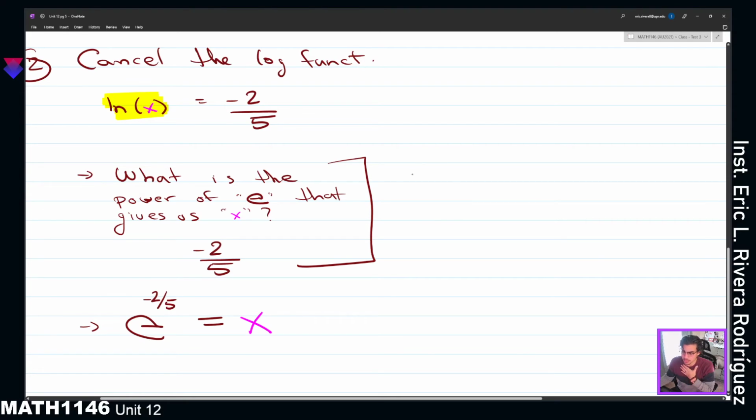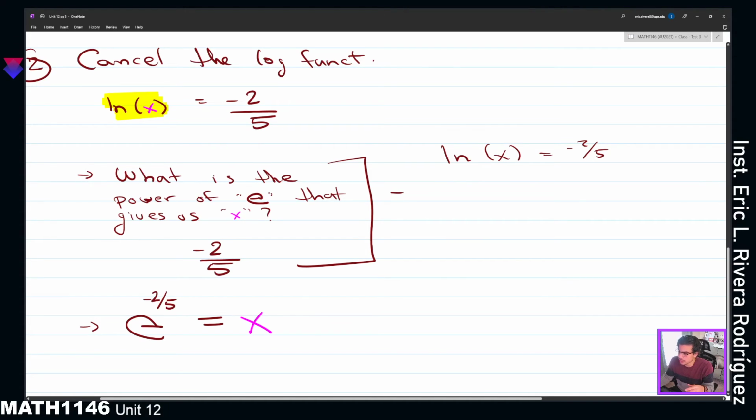So if I am working on a test, I'm not going to write this question. This question is going to be on your mind, and you're going to use it to reach the goal. But you can do the following. Similarly, as we can put a logarithmic function on both sides of the equation, we can put an exponential operation on both sides of the equation.